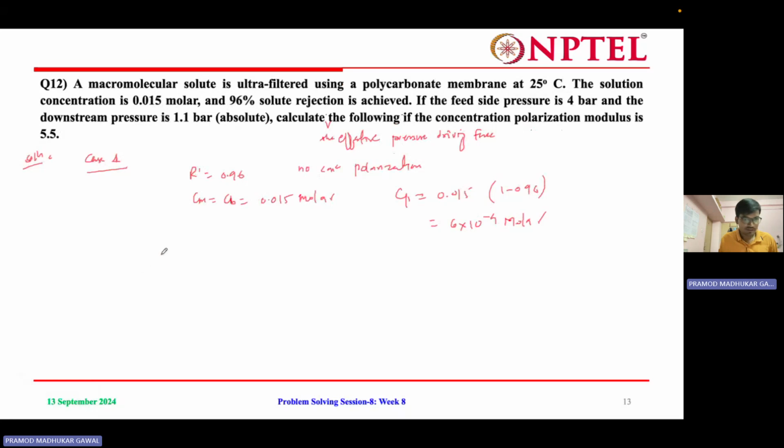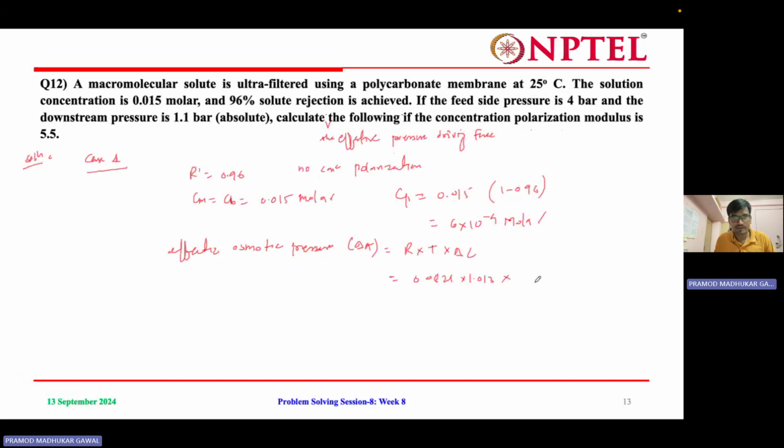Now the effective osmotic pressure, denoted by delta pi, is equal to R into T into delta C, right? So here R is 0.0821. The unit is atm, so to convert to bar, multiply by 1.013.